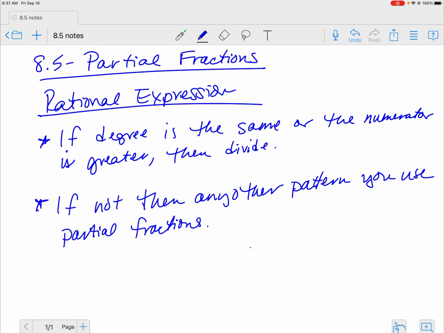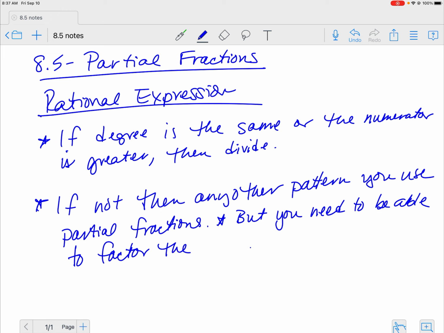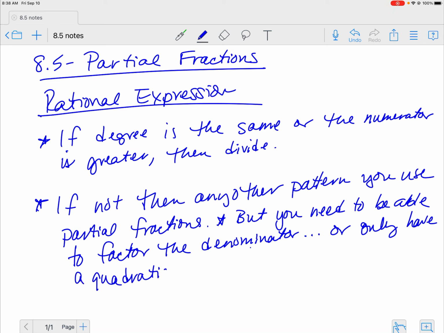You need to be able to factor the denominator, or only have a quadratic, which we'll talk about irreducible quadratics by the end of this section.